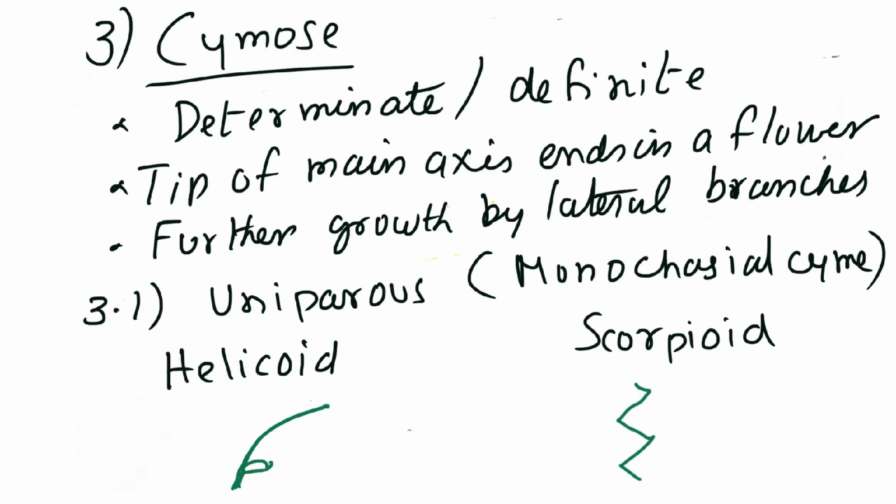Helicoid, from the diagram itself, we can see that it's something like a helix, in the sense that you have the leaves developing at one location, at one side, and you have the flowers coming at the opposite side. It can be curvy or going straight up. And when this type of inflorescence becomes quite zigzag or something like a scorpion pattern, it's called scorpioid.